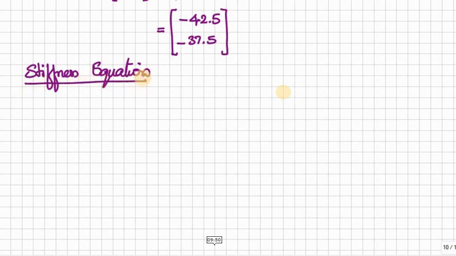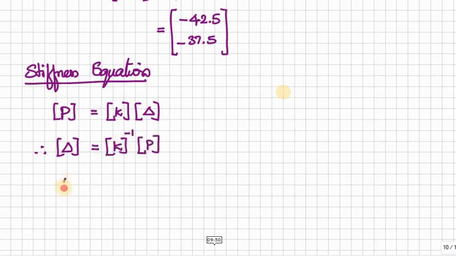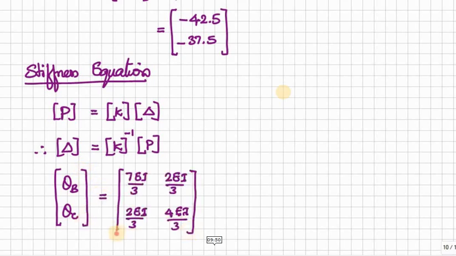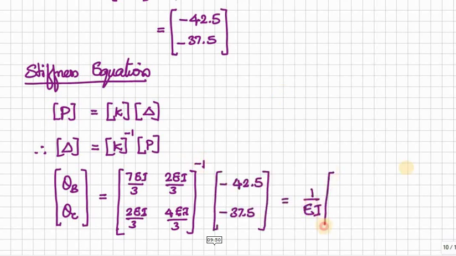Our aim is to find the delta value, that is theta B and theta C. Therefore, delta is equal to K inverse P. Substituting the values, we can compute delta B and delta C. So, delta B is equal to 1 by EI into minus 11.875 and delta C is equal to 1 by EI into minus 22.188.